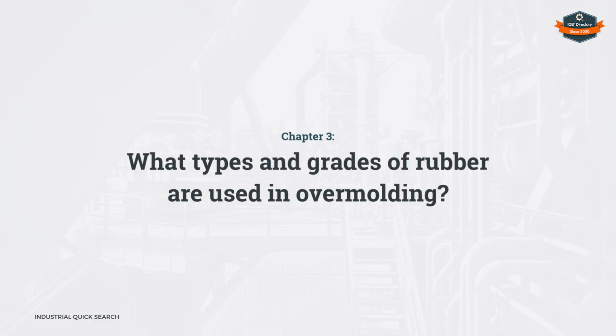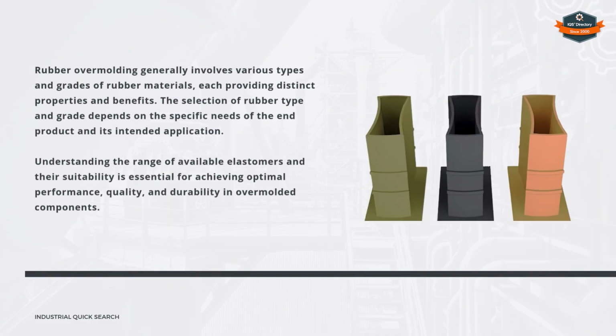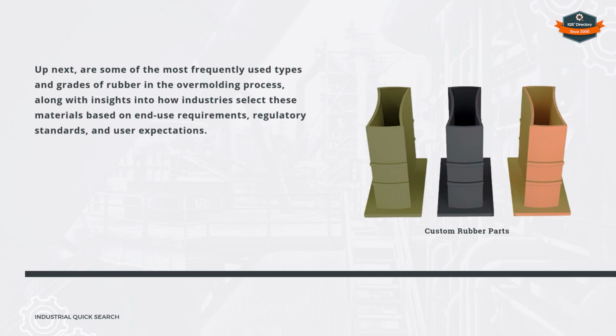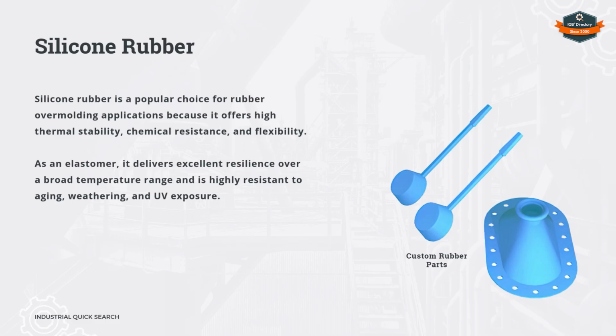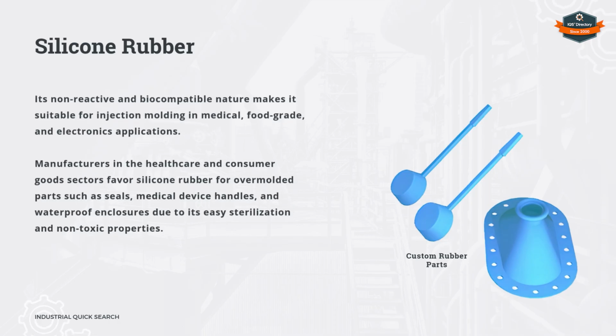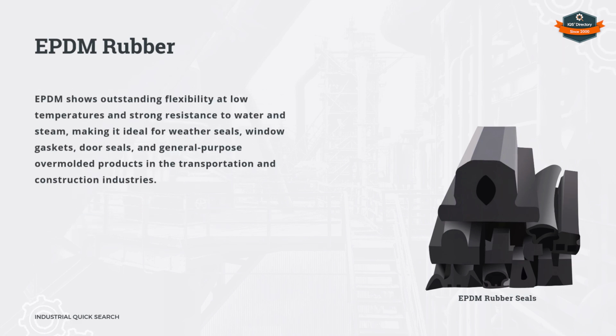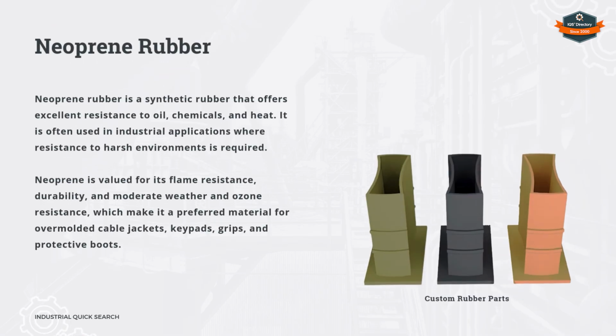Chapter 3. What types and grades of rubber are used in overmolding? Silicone rubber. EPDM rubber. Neoprene rubber.